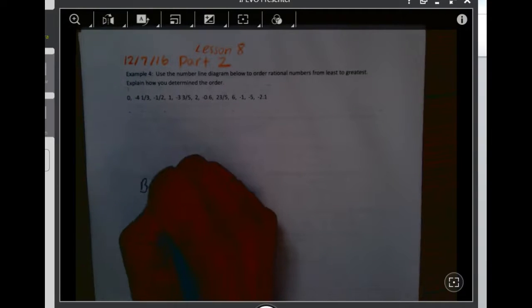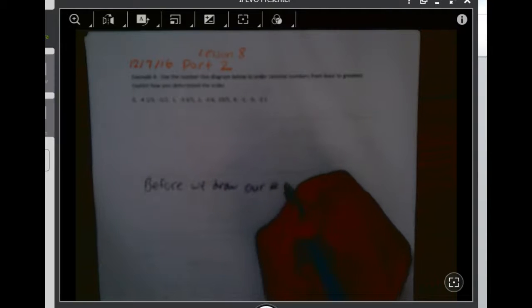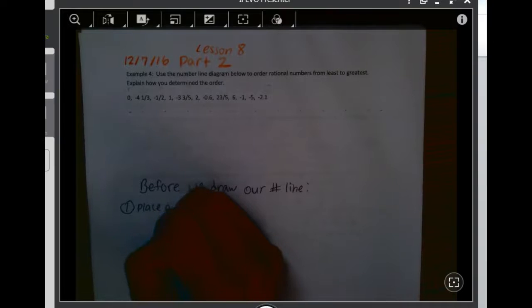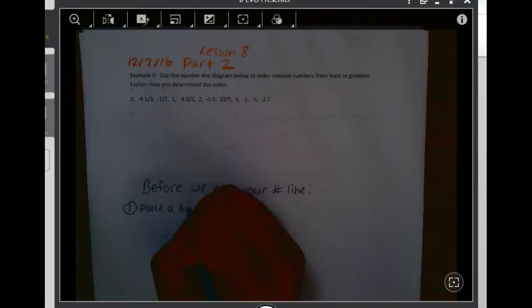Before you draw a number line, let's first place a box around the negative numbers, or highlight.